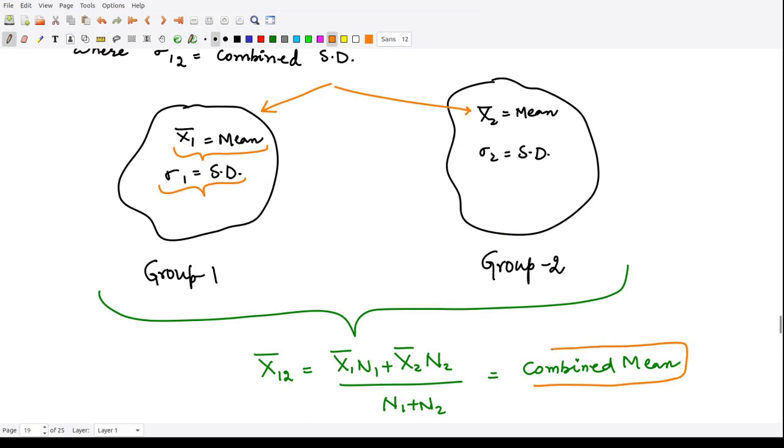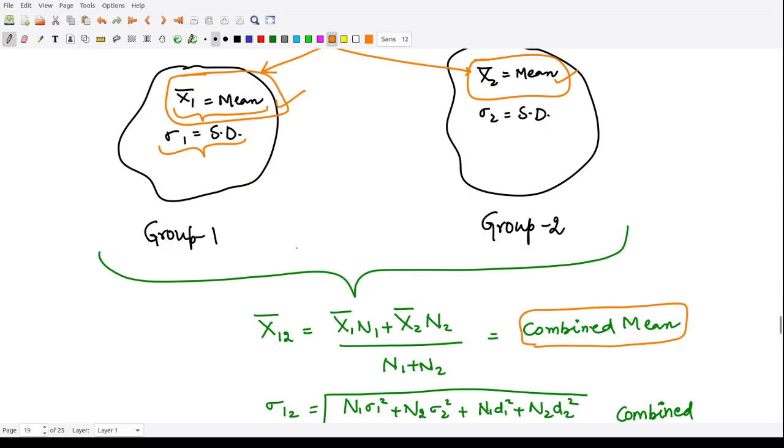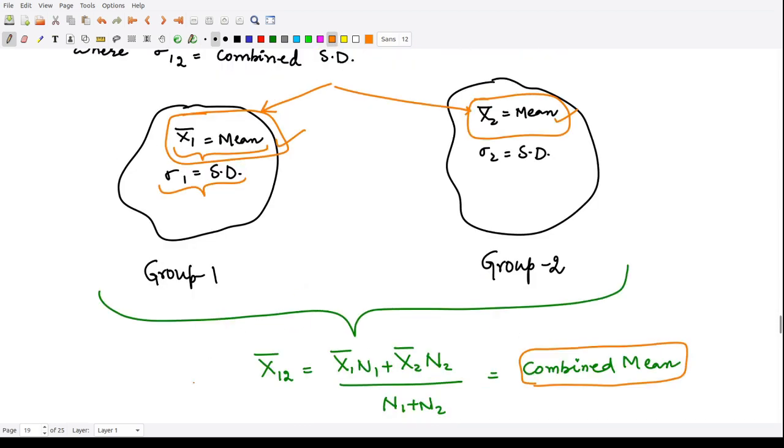So we can calculate the combined mean of the whole class. Now I am interested in calculating the mean of the whole class. I know the mean of the first class, I know the mean of the second class. So instead of going from scratch and calculating the mean using the individual heights of the students, I can utilize these two means, and in effect I could obtain the combined mean, which is obtained using this formula.